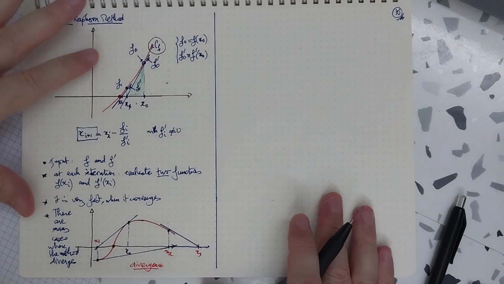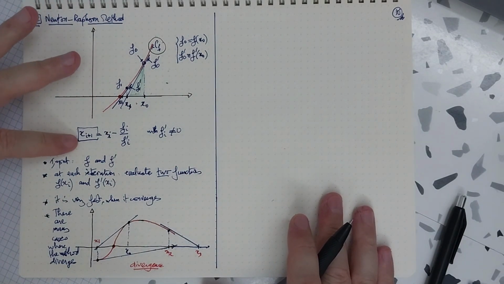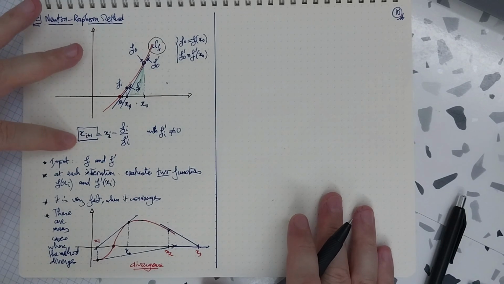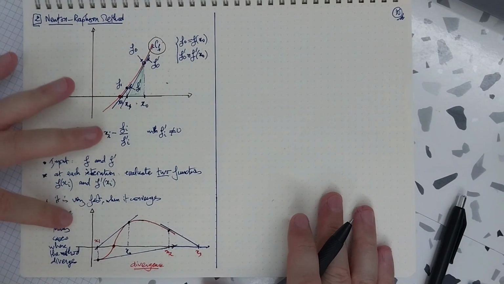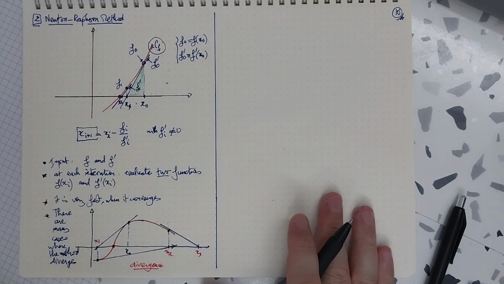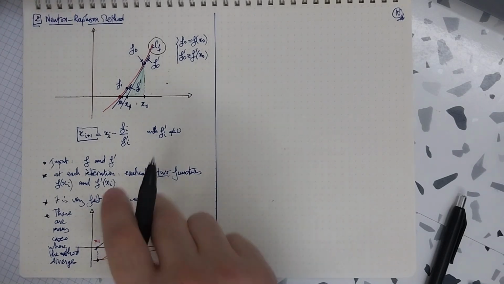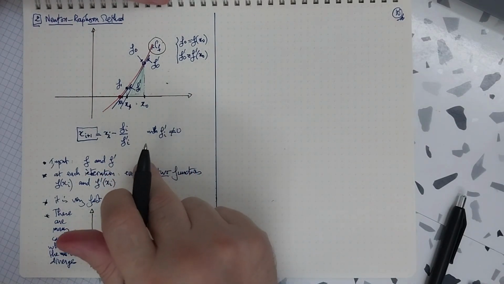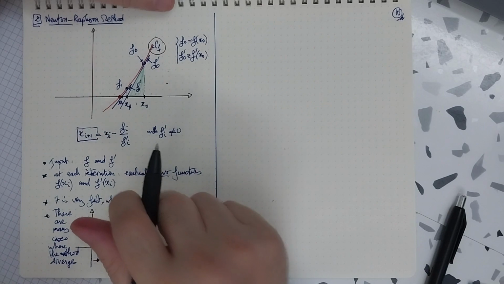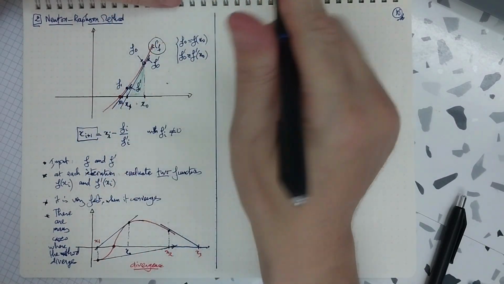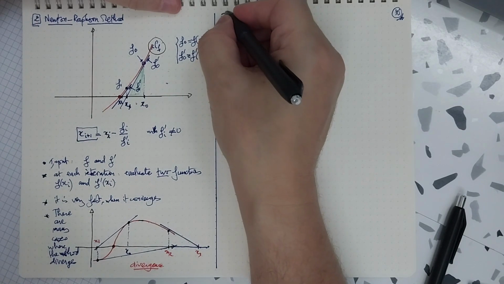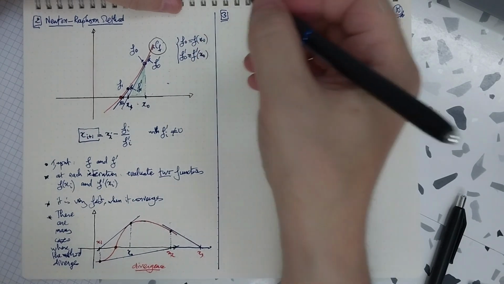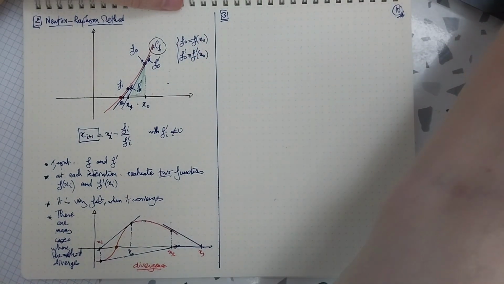I explained it graphically and gave the formula of the sequence that tends to the root. And this is the main disadvantage of the Newton-Raphson method. But that's why I didn't choose it for this topic as our main method. The third point is the secant method.